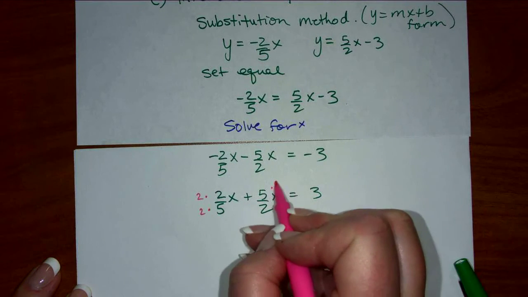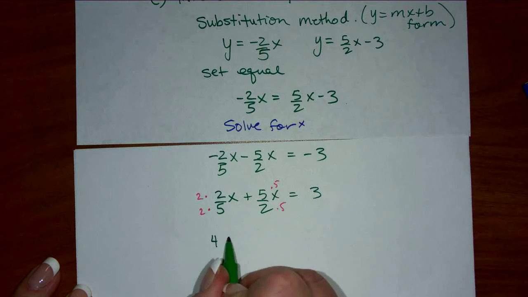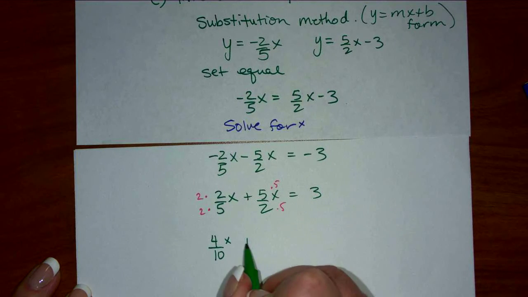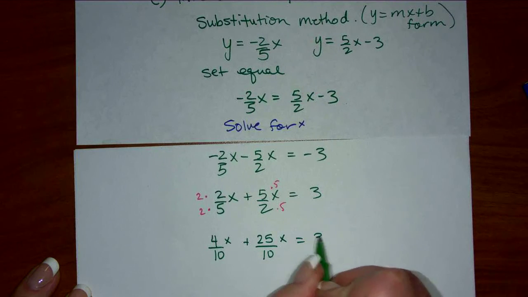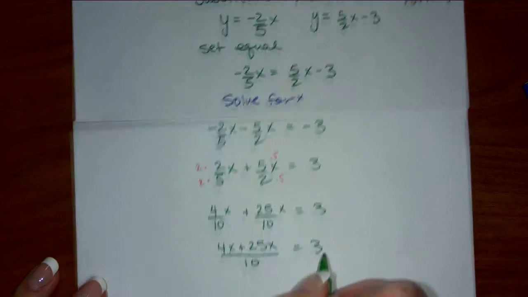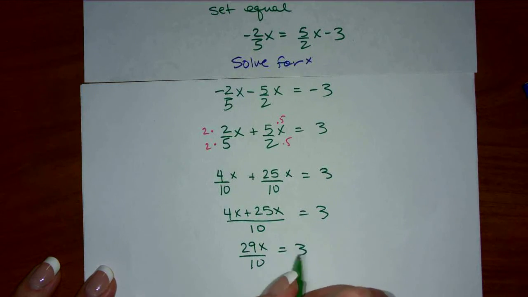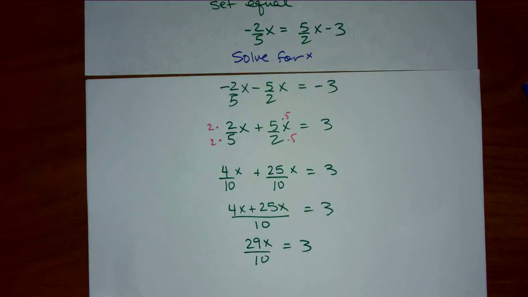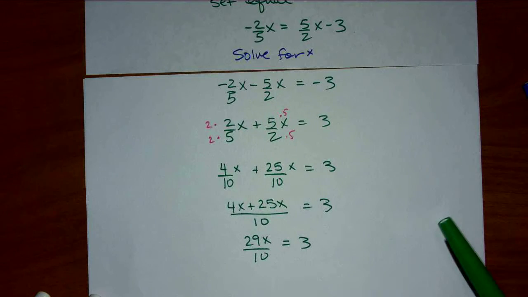So we'll have 4 over 10 and 25 over 10. 4x plus 25x. Now what? Cross multiply. So 29x equals 30.